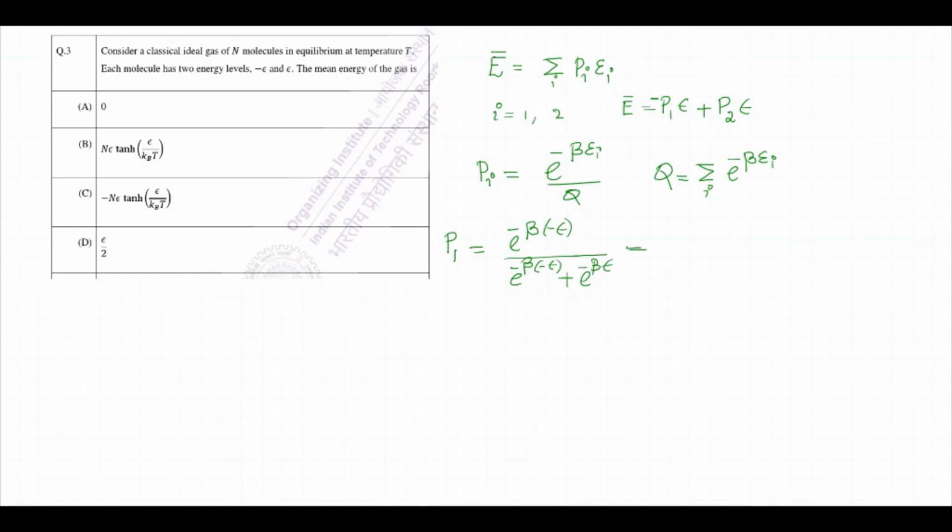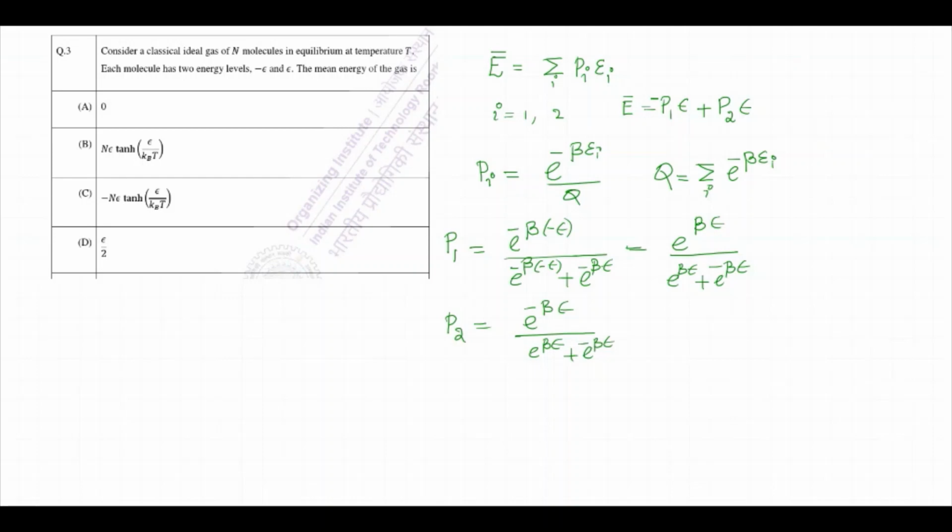So this is e raised to beta epsilon divided by e raised to beta epsilon plus e raised to minus beta epsilon. Similarly, P2 is e raised to minus beta epsilon divided by the same denominator, the sum over all energy states. So we obtained P1 and P2.